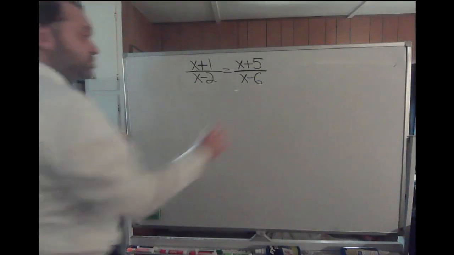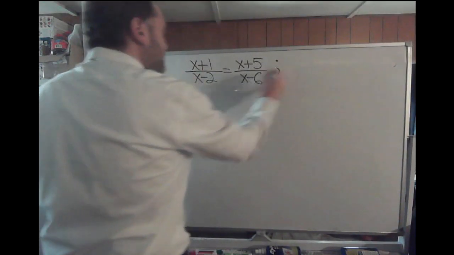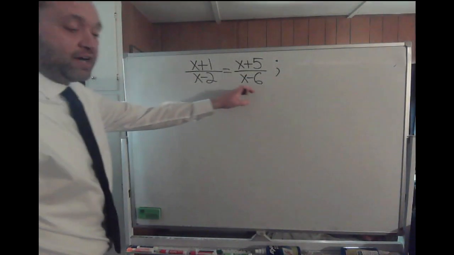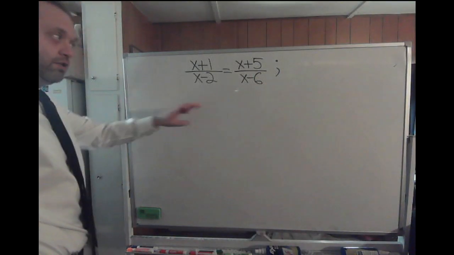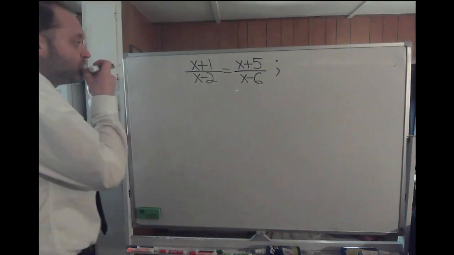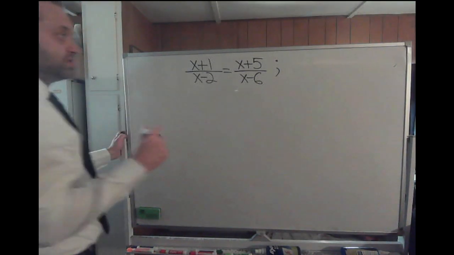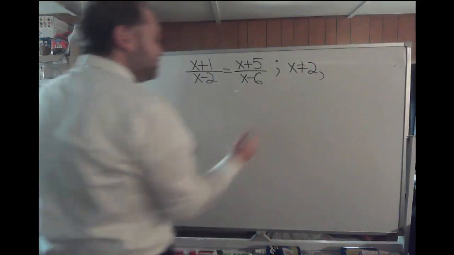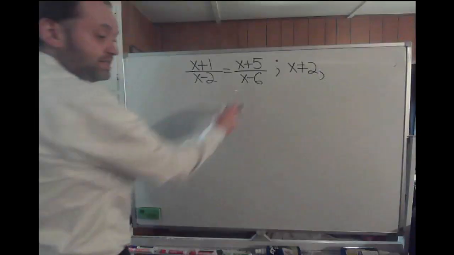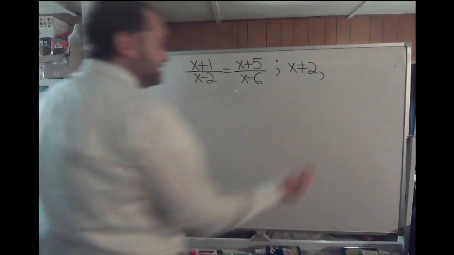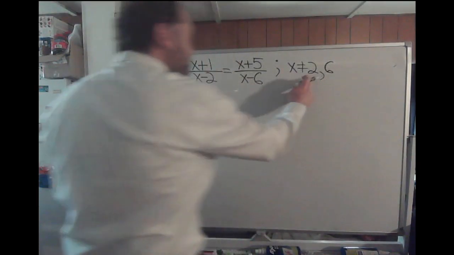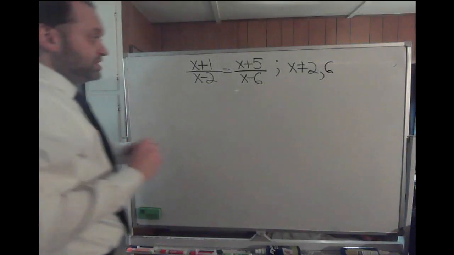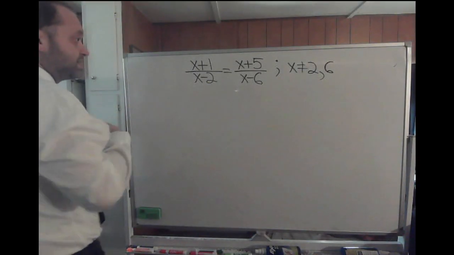Well, first, let's restrict those values for x that we cannot have that would make either of these fractions' denominator equal to 0 and therefore undefined. If we set x minus 2 equal to 0, you get that x equals 2. So x cannot be equal to 2. You set x minus 6 equal to 0, you would get x equals 6. X can also not equal 6. So x cannot equal 2 or 6.